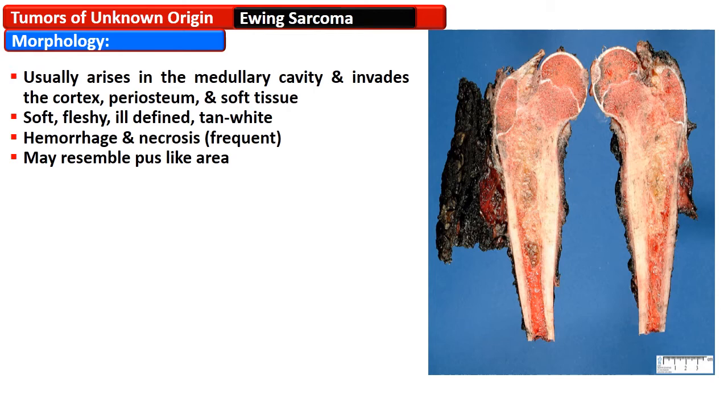These tumors are soft, fleshy, ill-defined, grey-white or tan-white in color, and studded by areas of hemorrhage and necrosis which are frequent, and there may be some pus-like areas present.